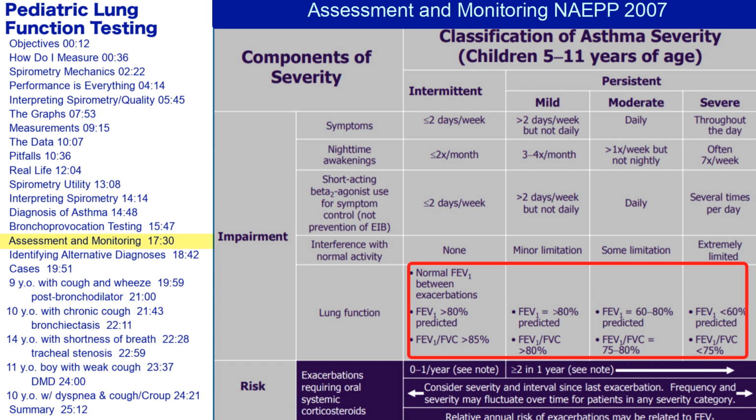Intermittent asthmatics, which is basically the same as people without asthma, would be characterized as someone who had an FEV1 greater than 80% and an FEV1 to FVC ratio greater than 85%. And you can see as you get into higher severity ratings of asthma that the FEV1 will go down as well as the FEV1 to FVC ratio. And so if you have spirometry available, these should factor into your classification of asthma severity.